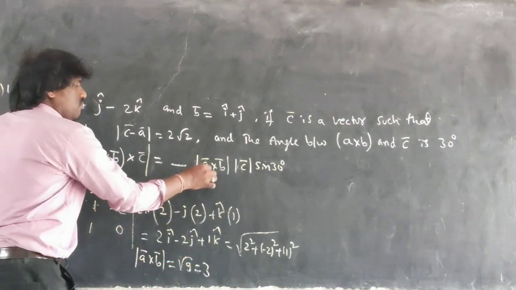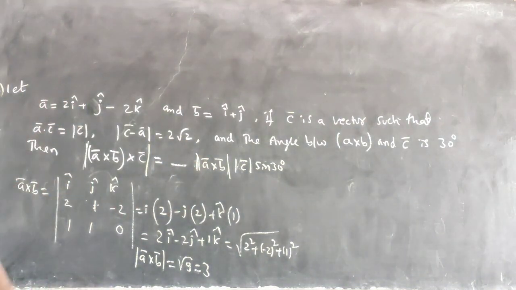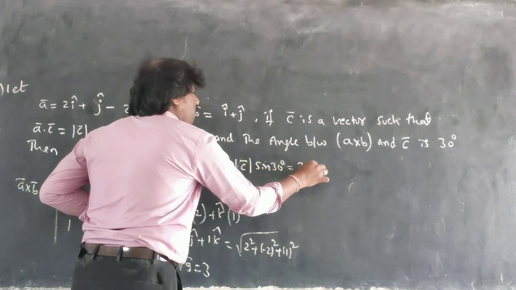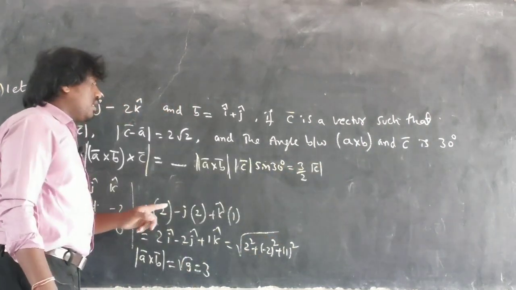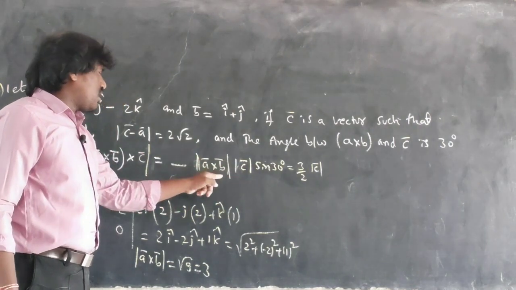So the answer will be 3. You got A cross B value as 3, sine 30 is 1 by 2, so 3 into 1 by 2, that is 3 by 2 mod C.